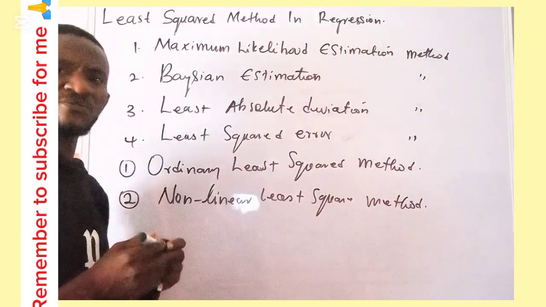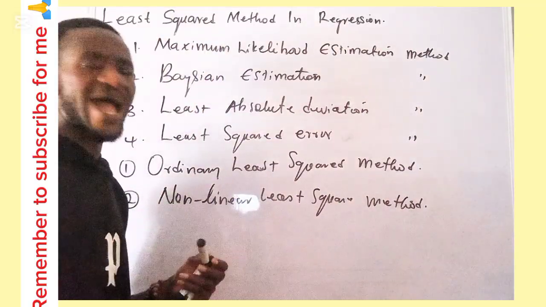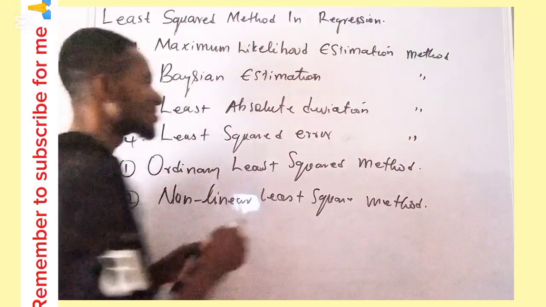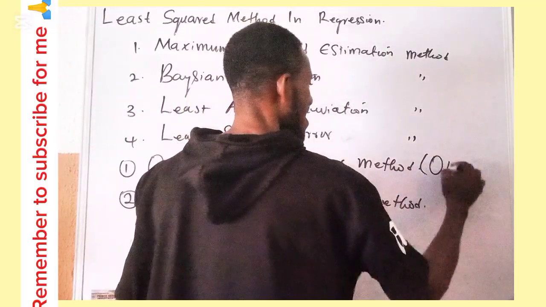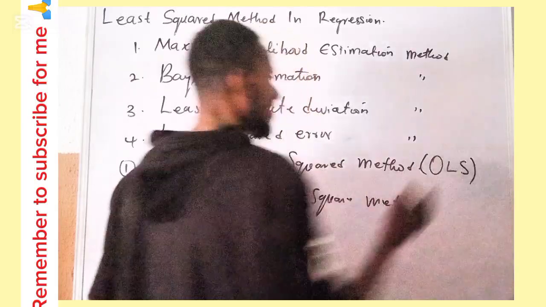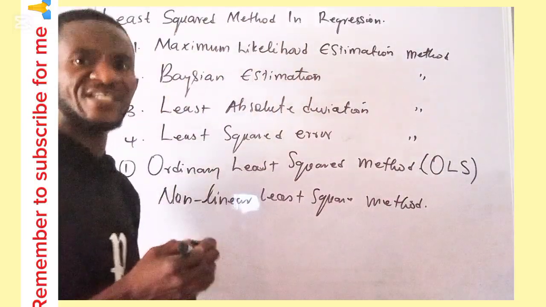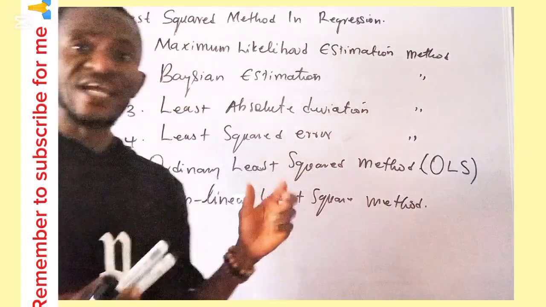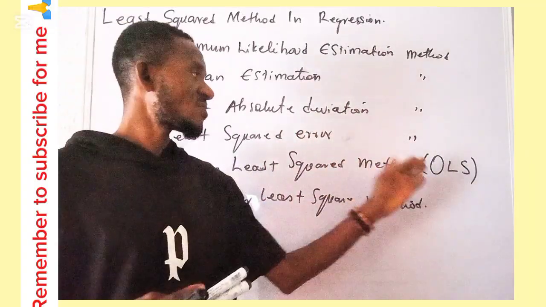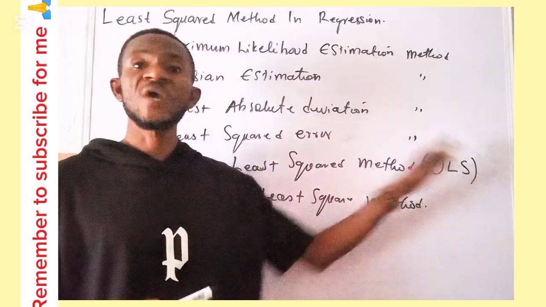Our discussion this afternoon will be narrowed down to the ordinary least square method, which is generally described as OLS. So anytime you see OLS in a discussion of regression analysis, the concern is ordinary least square method.